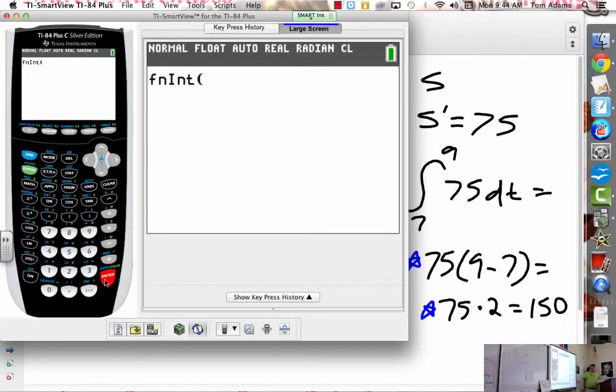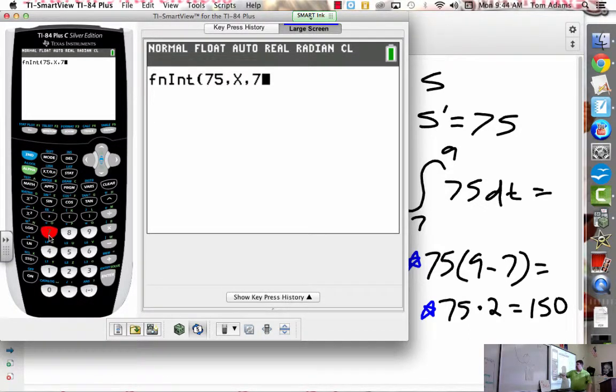Now the way this works is the first thing we have to do is plug in the function. What was our function? 75. Hit 75, comma. Now what variable are we integrating over? X. Right? The textbook says t, but we graphed it on the calculator in terms of x. And then what is my lower limit? 7.